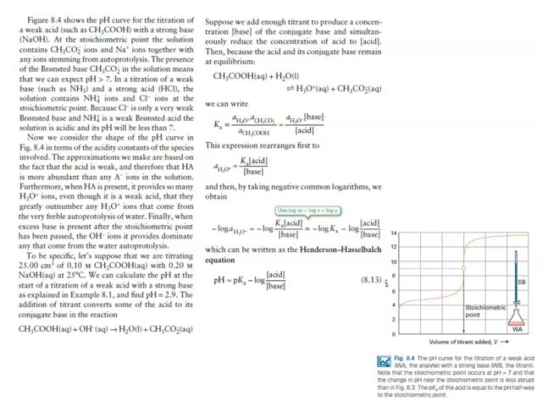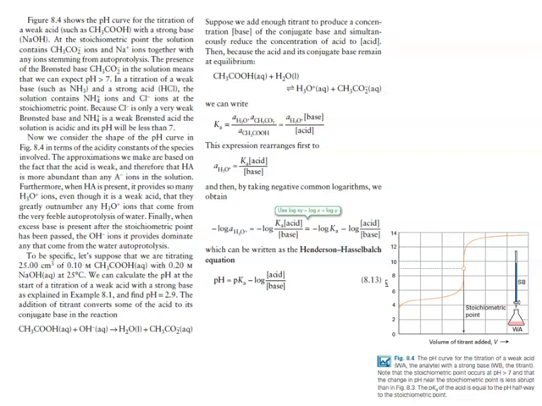Therefore, when weak acid HA is present, it provides so many hydronium ions, even though it's a weak acid, that they greatly outnumber any hydronium ions that come from the very feeble autoprotolysis of water. Therefore, we can ignore the effect of water in this relationship. Finally, when excess base is present, after the stoichiometric point has been passed, the hydroxide ions it provides dominate any that come from the water.